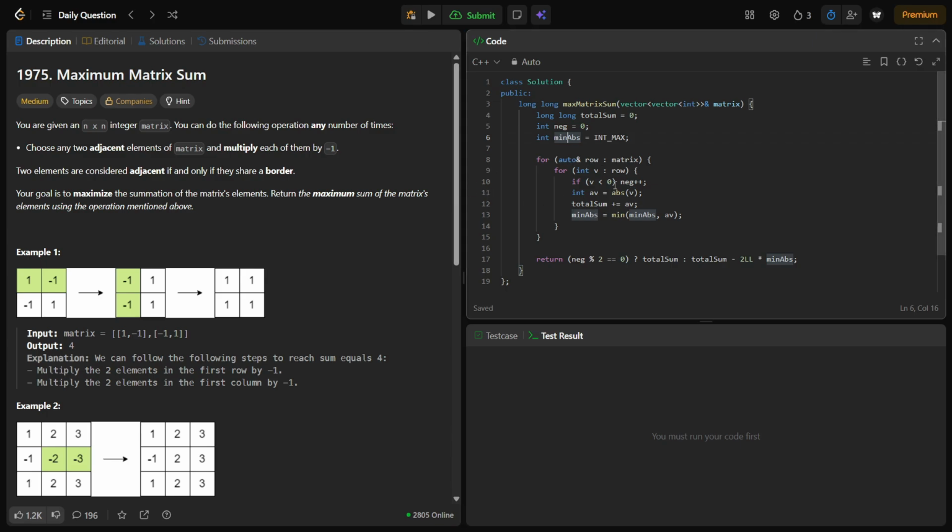If there is a negative, I will be calculating the absolute value, summing it, and calculating the minimum absolute value for subtracting it if I get an odd number of negative numbers. Then do a check, and then a normal question.